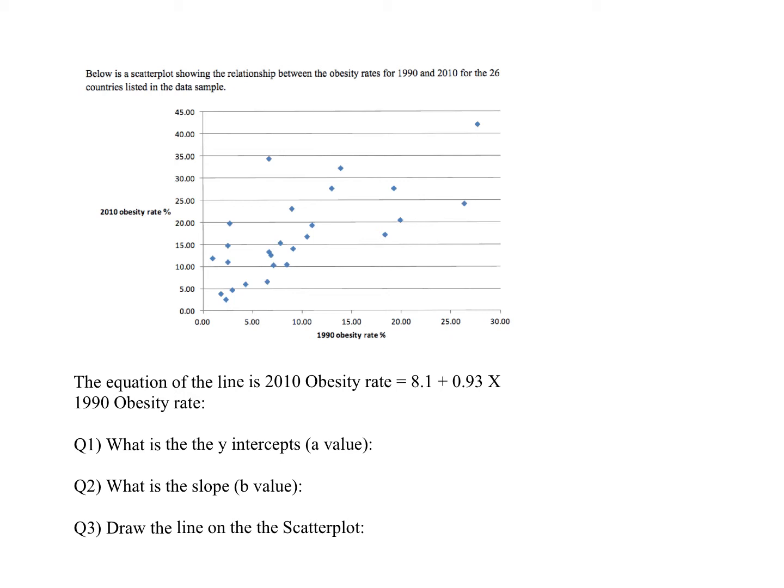What happens is we will create an equation to represent the relationship that's going on between these two things. So if you have a look, here's the equation that they're giving you. They can predict the obesity rate in 2010 by using this equation here.